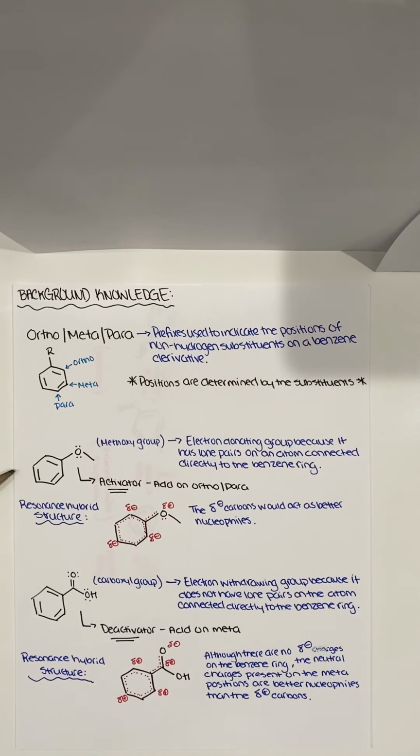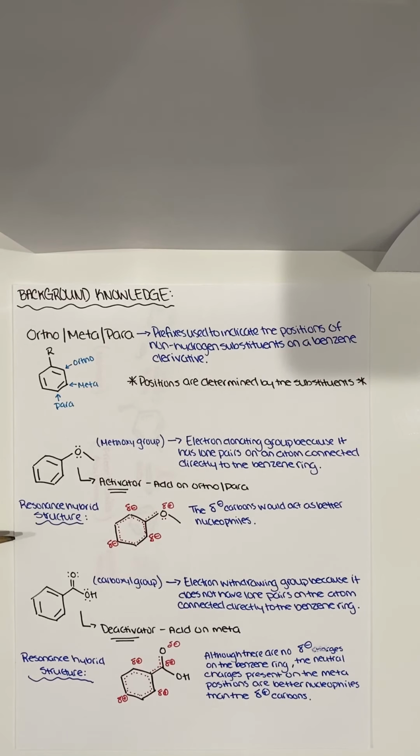So in this case, we have a benzene ring with a methoxy group attached to one of the carbons. A methoxy group is an electron donating group because it has lone pairs on an atom connected directly to the benzene ring. The atom connected directly to the benzene ring is the oxygen, and it has two sets of lone pairs, which makes it an electron donating group. This also makes it an activator, and it adds on to the ortho and para positions.